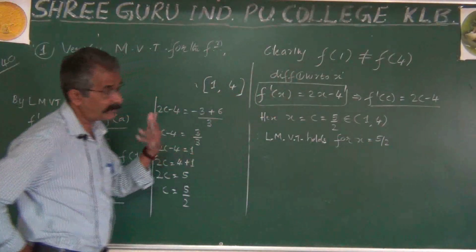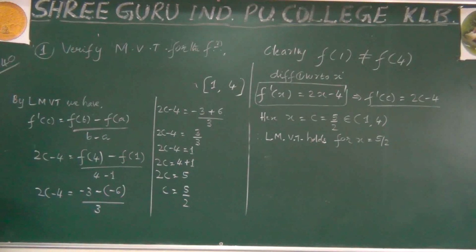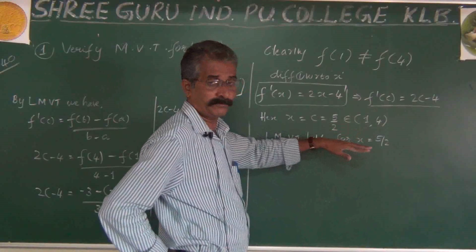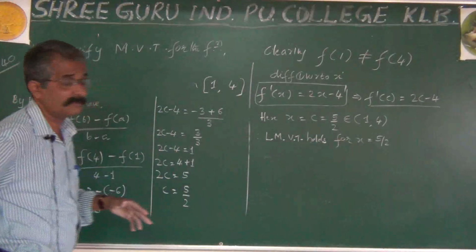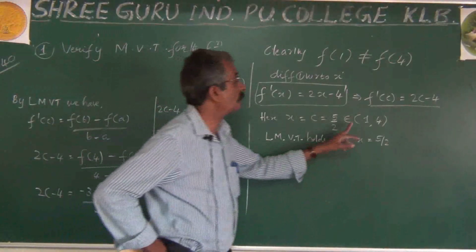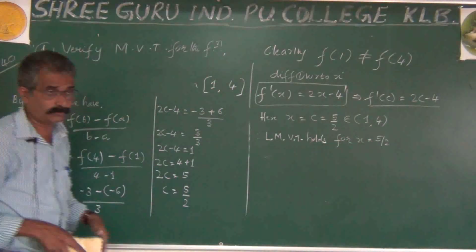Still there are a number of tangents, no doubt, but those tangents are not parallel to the chord. They may intersect the chord, but x equal to 5/2 is the only one point at which the tangent is parallel to the chord joining the points x equal to 1 to x equal to 4.